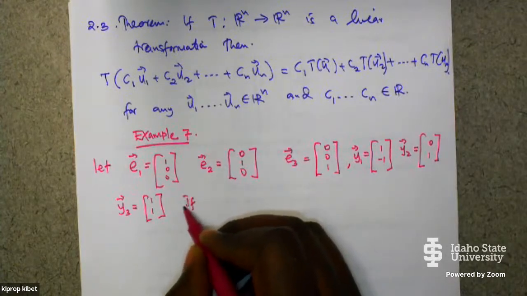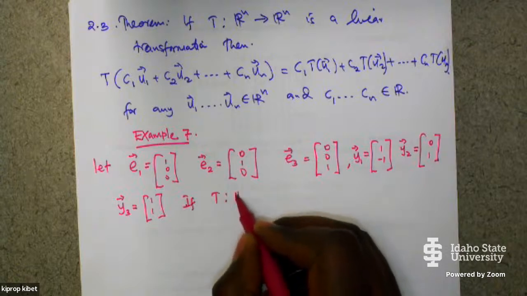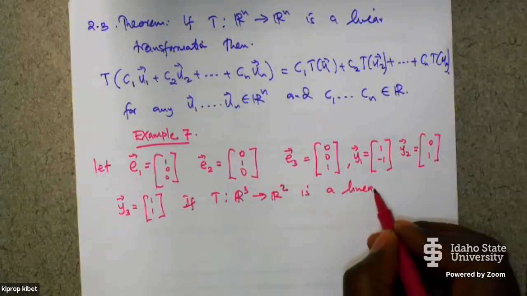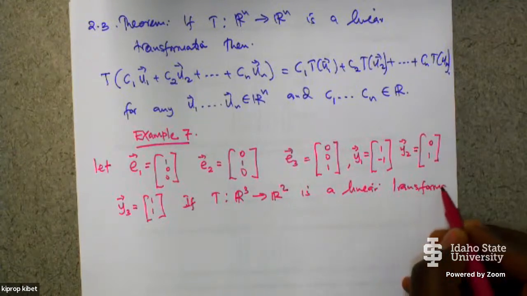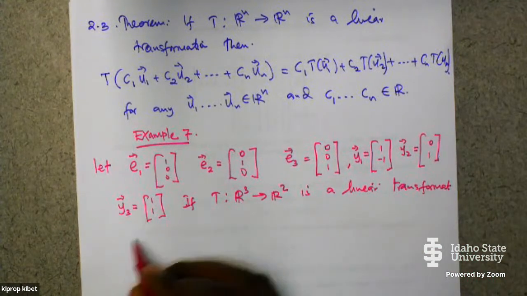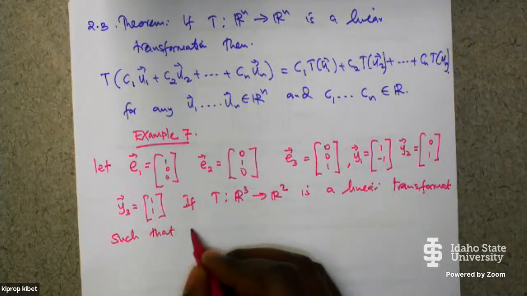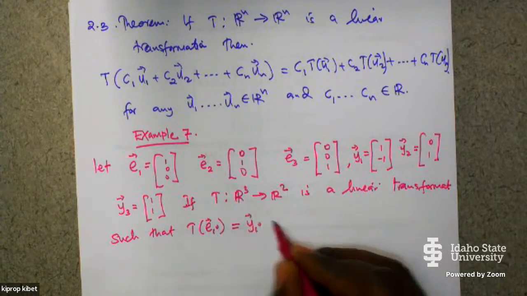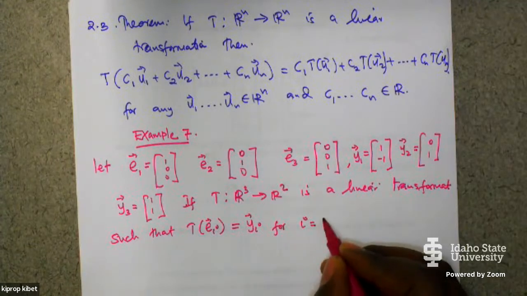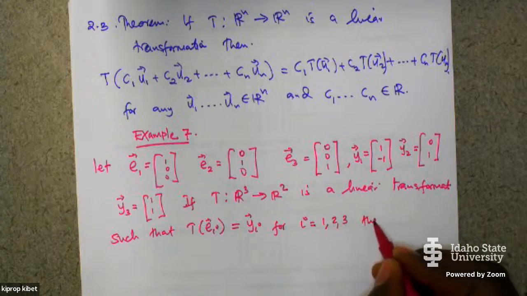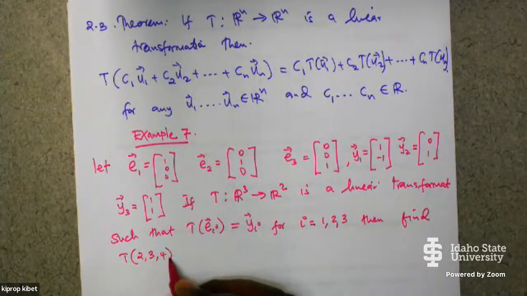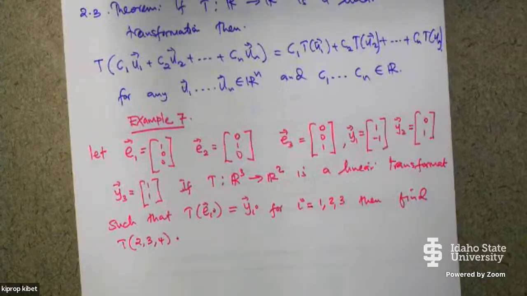Now, if the transformation T from R3 to R2 is a linear transformation such that T(Ei) equals Yi for i equals 1, 2, and 3, then find the transformation of (2, 3, 4).